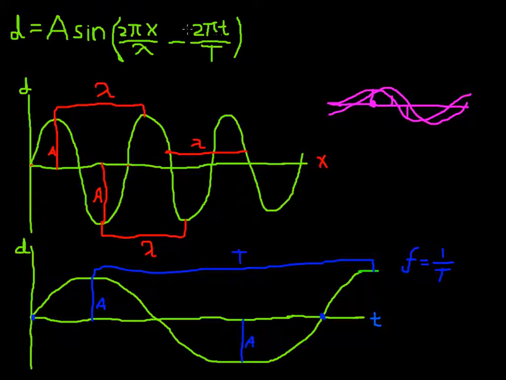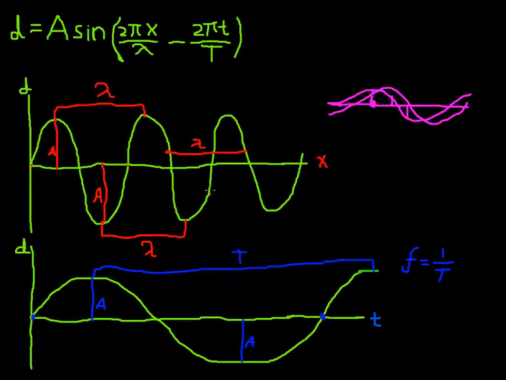You can just type in 2 pi t over capital T, set capital T, and click the play on the slider, and you will see that the wave is going to move to the right, and if you have a plus, the wave is going to move to the left.